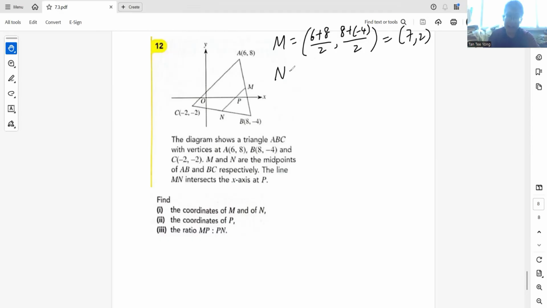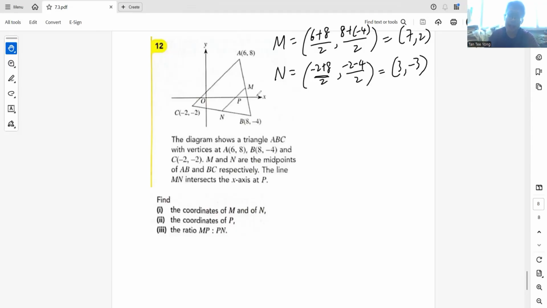And then N is the midpoint of BC, so it's (-2 plus 8) over 2, comma, (-2 plus -4) over 2, so equals 3, comma -3.